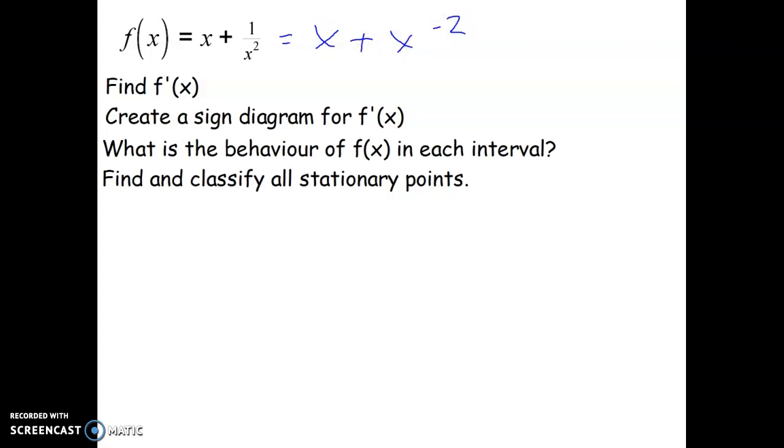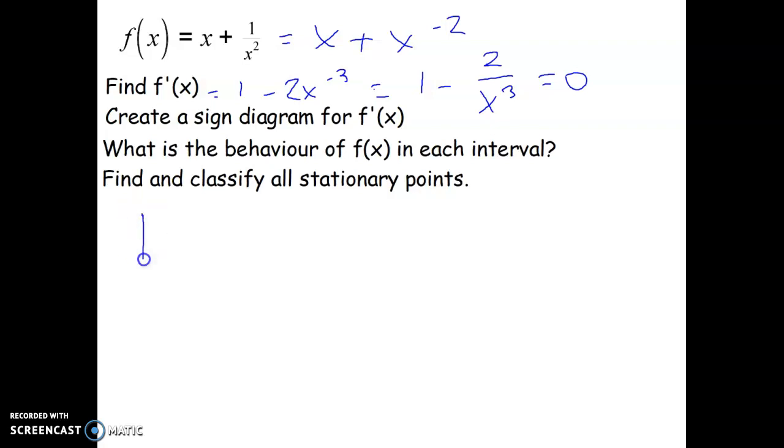And now I'm going to take the derivative. The derivative of x is 1. The derivative of x to the negative 2 is negative 2x to the negative 3. And then I'm going to turn that back into a fraction because that's going to be easier when I go to set this equal to 0. If I have a positive exponent, that's just going to be a lot easier to deal with.